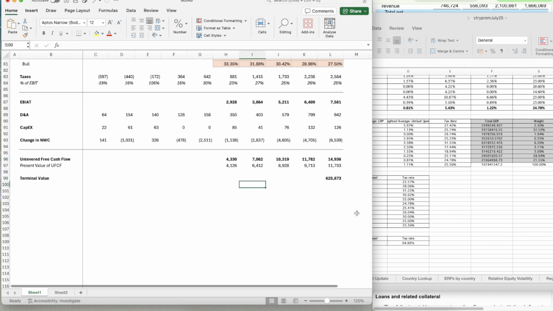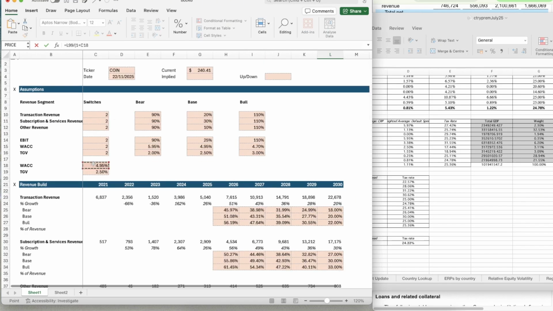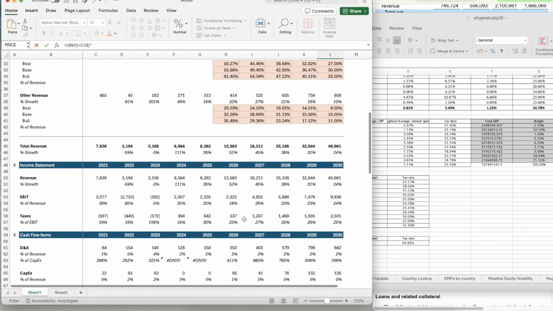Well, 625 billion. Then we want to know what the present value of the terminal value is. We do exactly the same. We go divided by 1 plus the WACC, to the power.